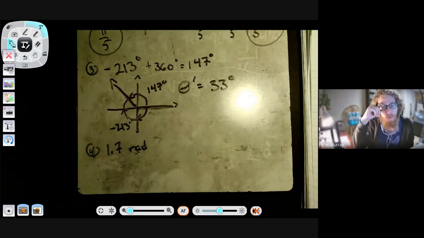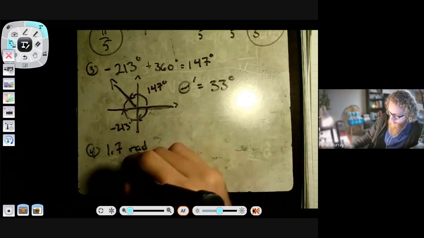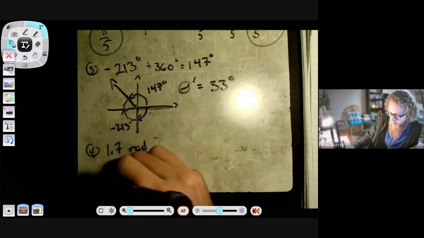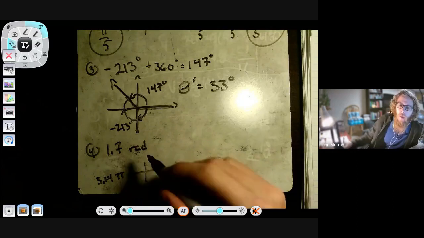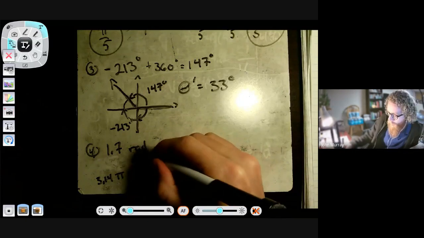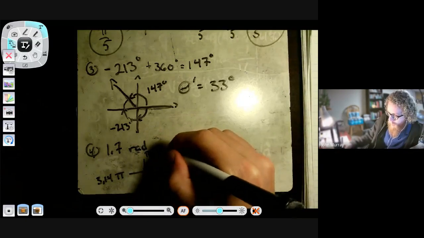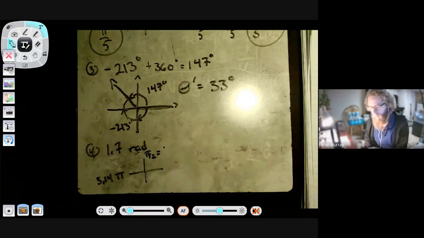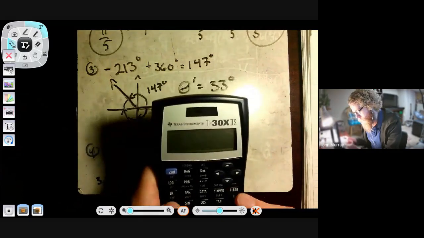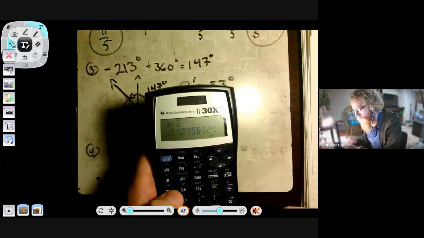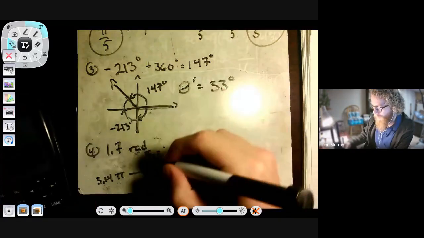So you say to yourself, well, this was pi, which is 3.14, so it's less than this. This is pi over 2, which we said yesterday was 1.57.